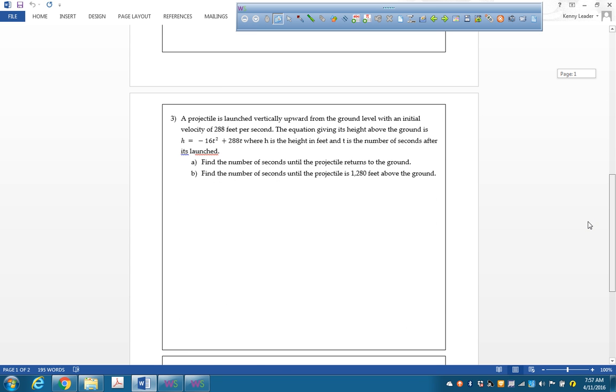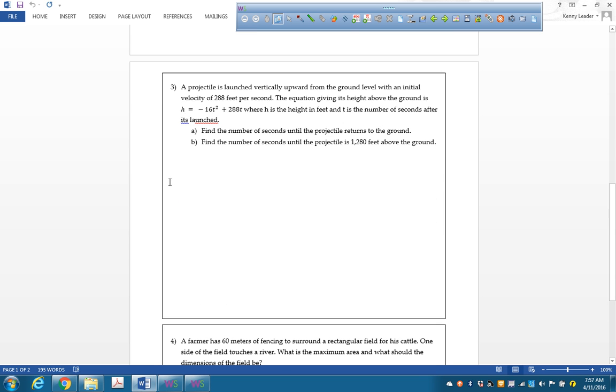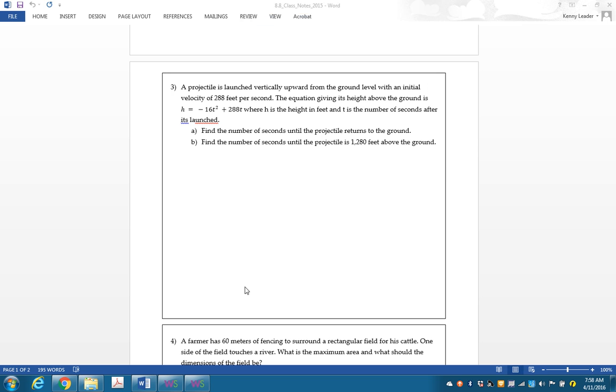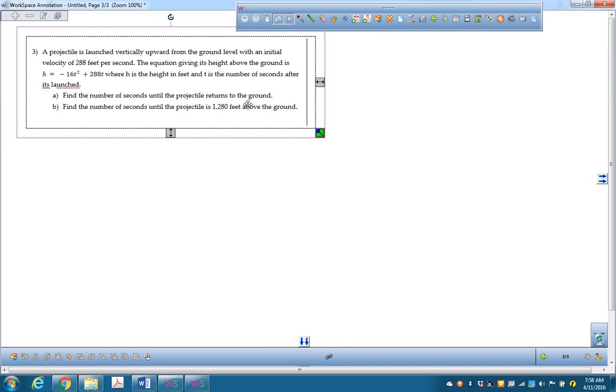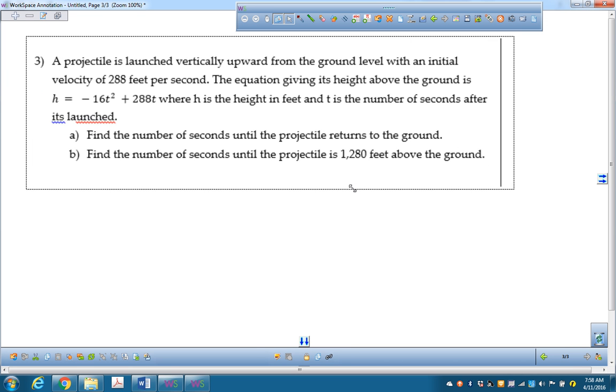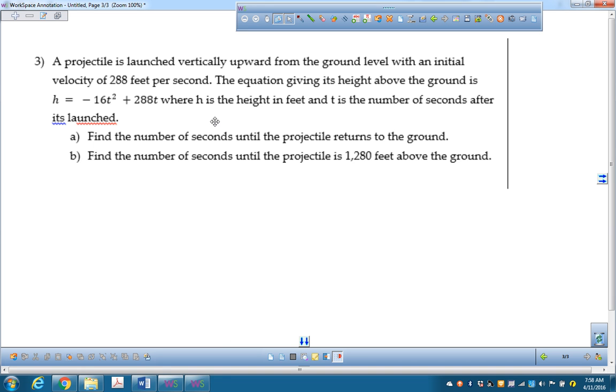Number 3. Projectiles launch. So in this one, I just want to help you set it up a little bit, because this might be getting at what David asked. You do not always have to solve it using negative b over 2a, depending on the situation, depending what the equation looks like.